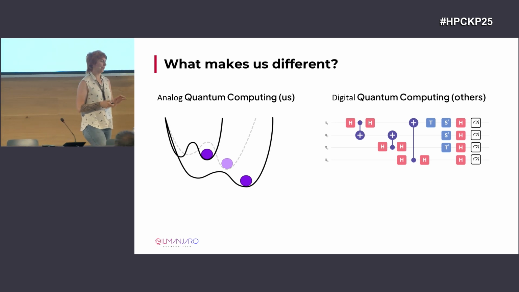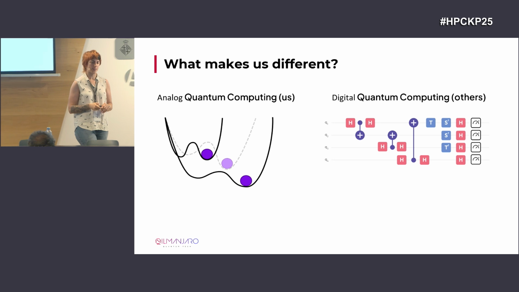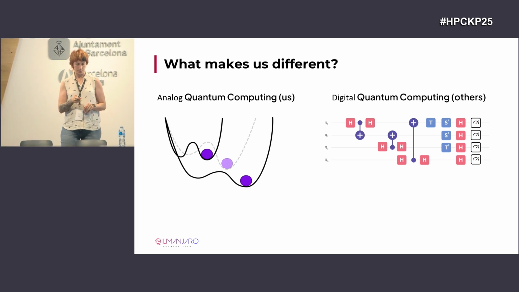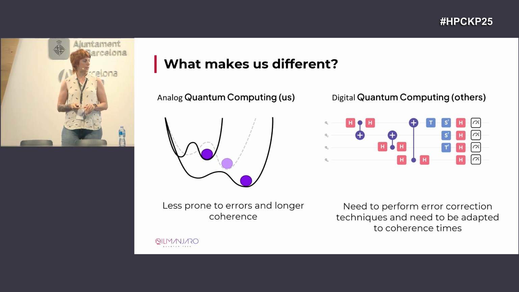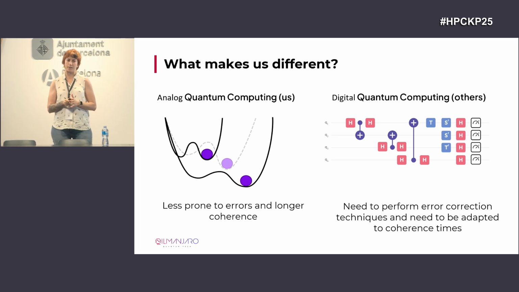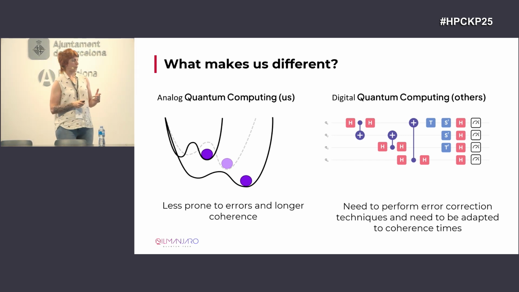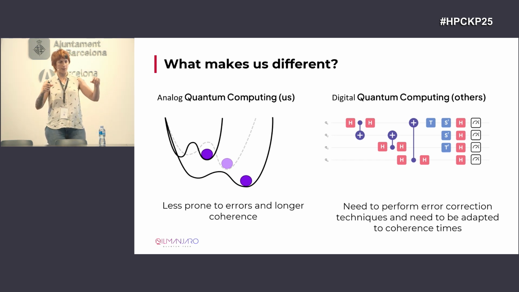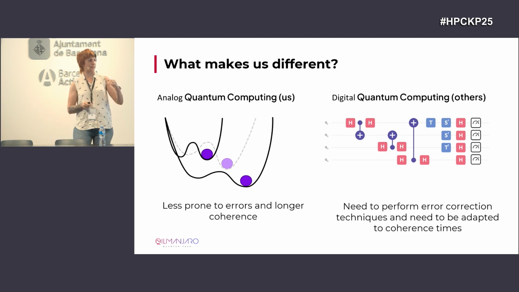And you can imagine the way to code that is a little bit different. To summarize the big difference and why we go to analog quantum computing: in digital, we have to perform error correction techniques because we are getting some errors. There are different ones. One of them involves the aggregation of different physical qubits in boxes that are the logical qubits, and that makes the chip lose a lot of qubit count.